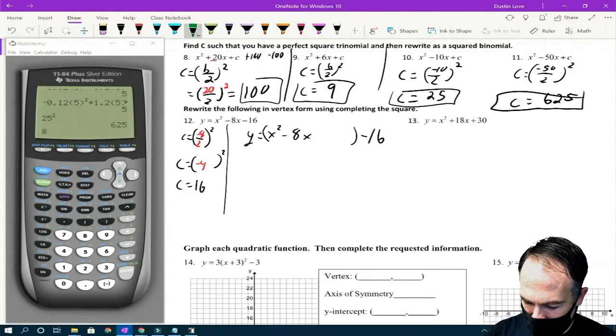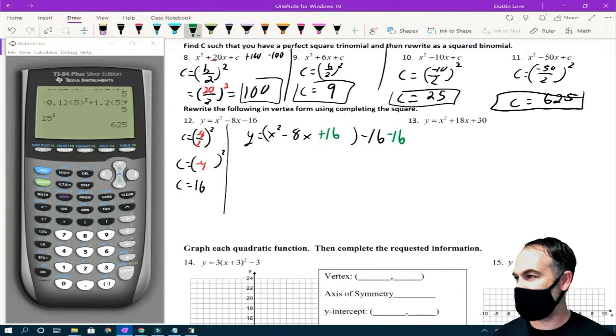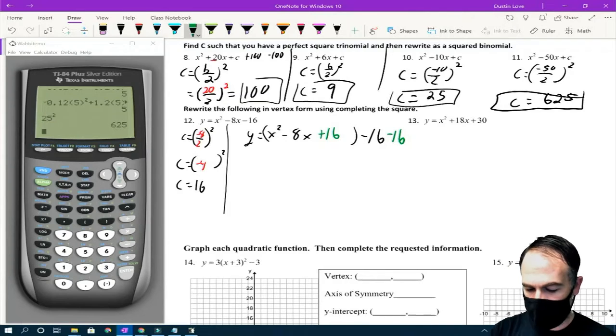Now I am going to add 16 and subtract 16. By doing that, I have added 0 to the problem, which does not change anything.